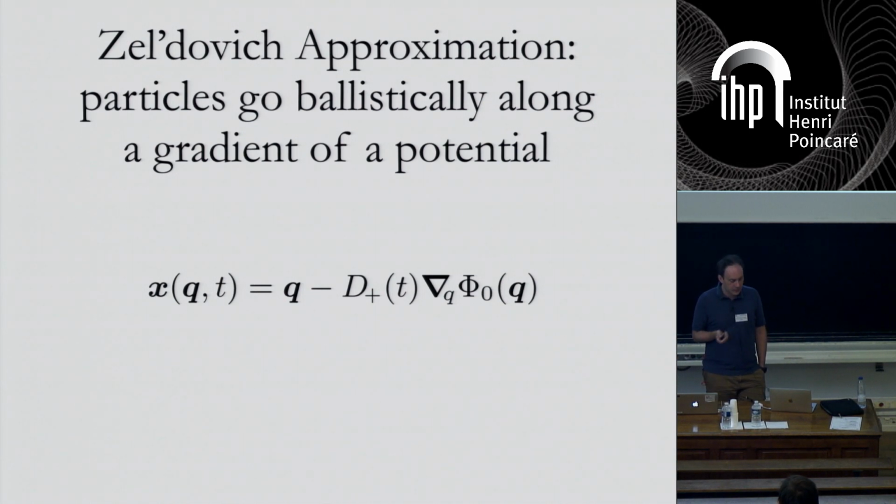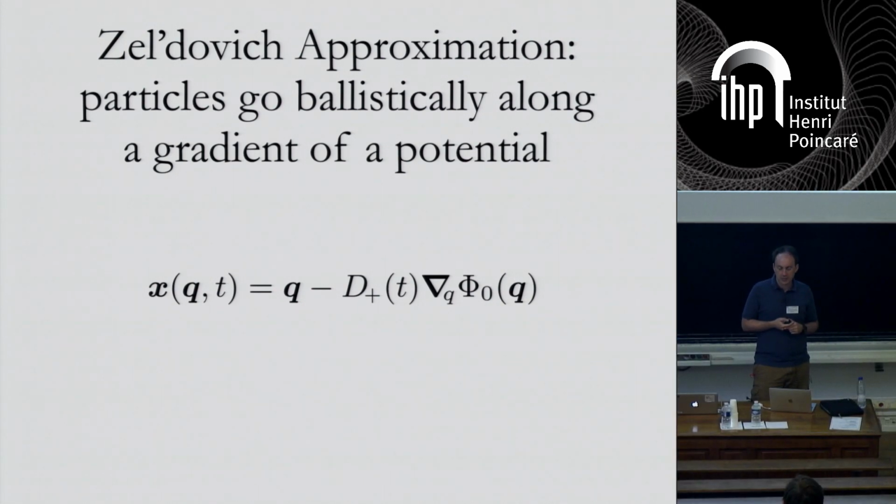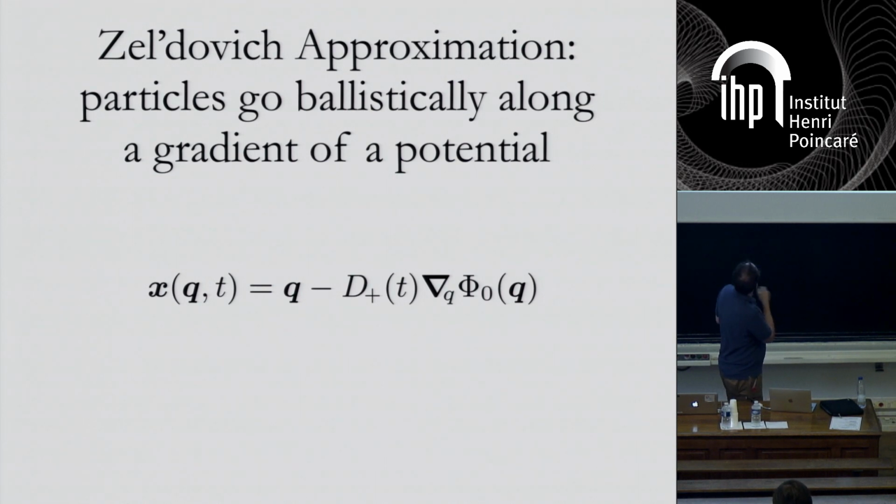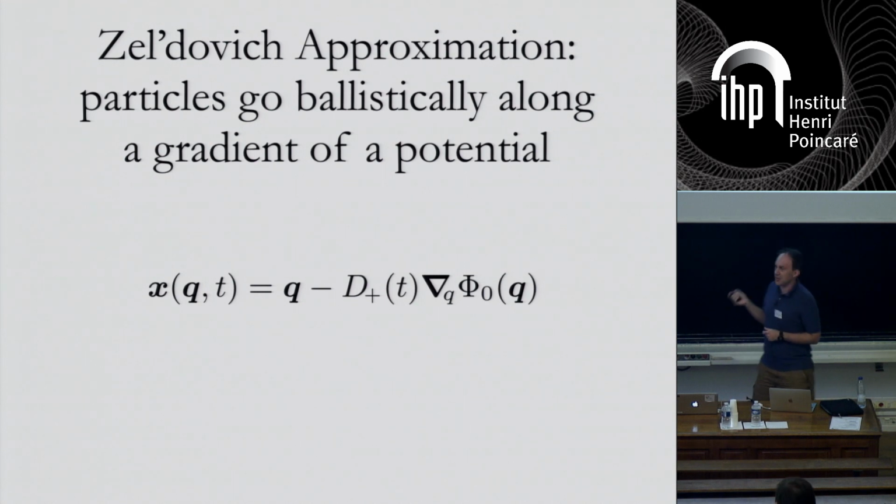The Zeldovich approximation is what's used to make the initial conditions of cosmological n-body simulations. It's a deterministic mapping. So these variables, this is, I think, the only equation that I'm showing.